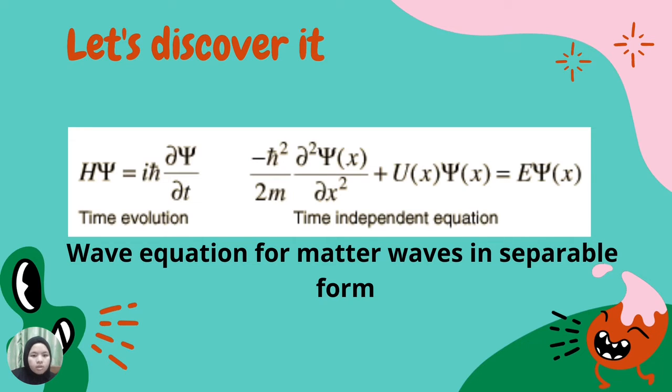Actually, the time-independent equation in this video is the wave equation for matter waves in separable form. The solutions in separable form are called stationary states, so that for stationary states, all probabilities are static and can be calculated from the time-independent wave function.